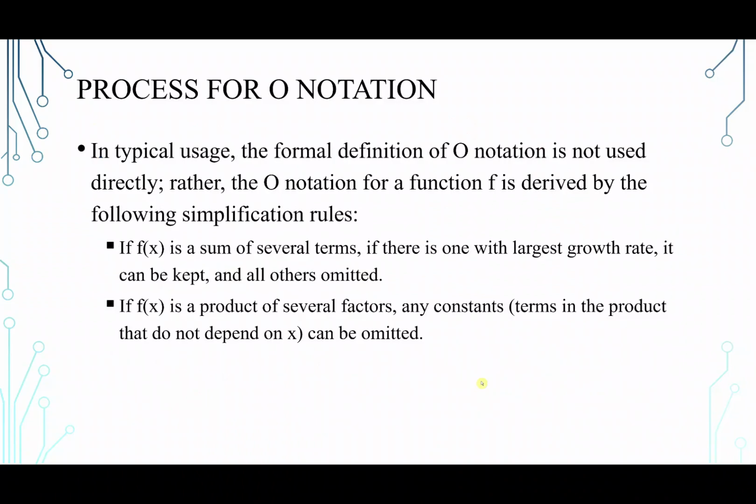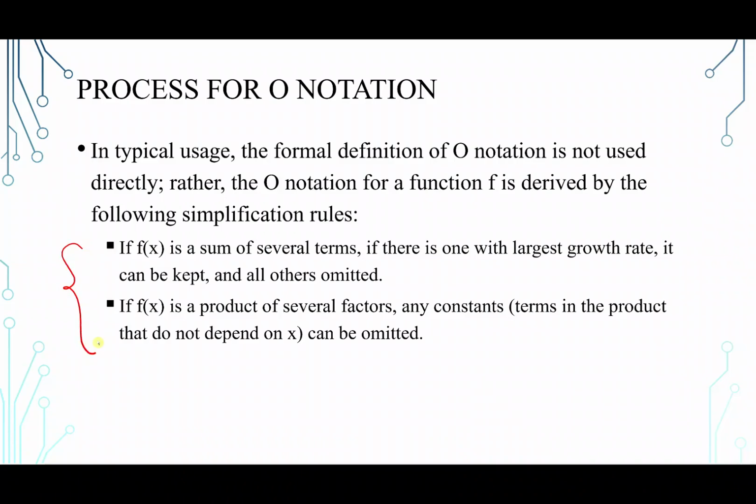In typical usage, the formal definition of big O notation is not used directly. Rather, the big O notation for a function f is derived by the following simplification rules, and those are simple.